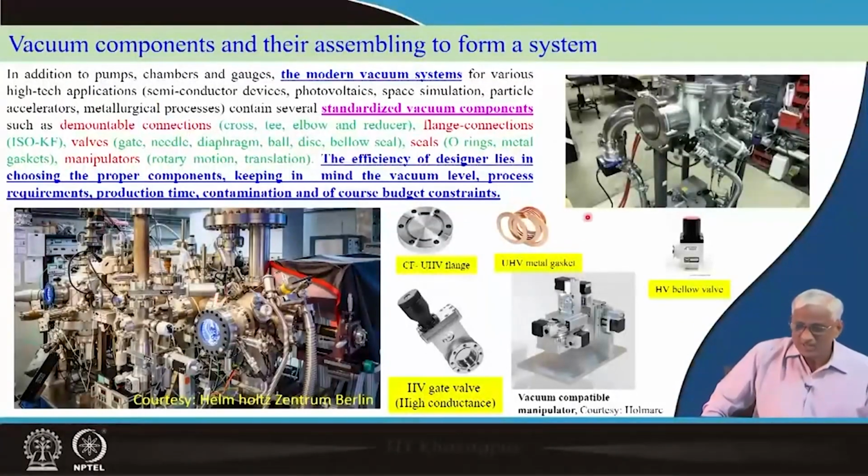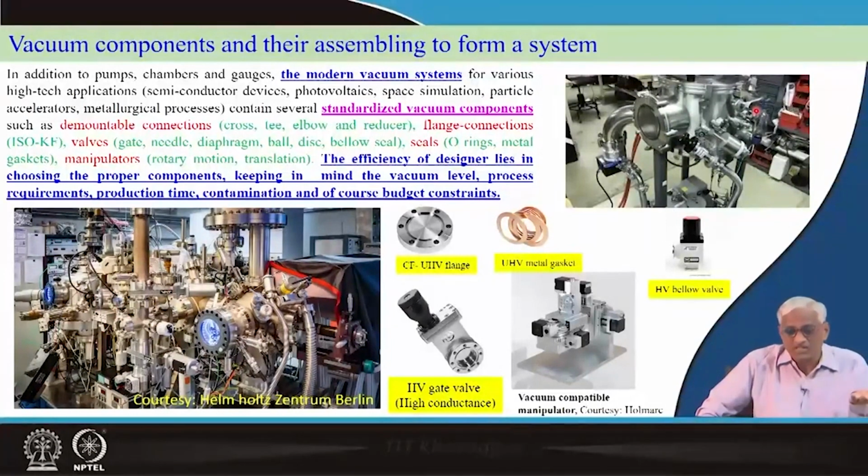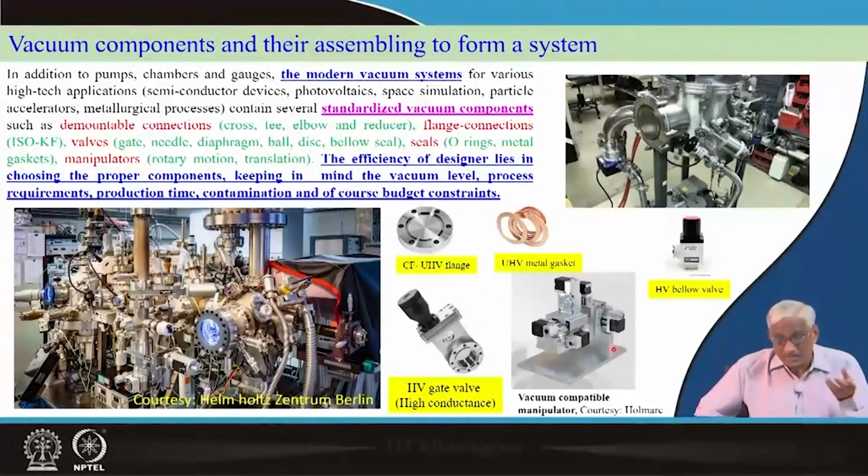If you do all that, then you see how complicated systems look. A designer must keep track of all these things: flanges, couplings, pumps, so many pipes, gauges and seals, throttle valves, manipulators. You have to choose all of them properly, and then this manipulator design.